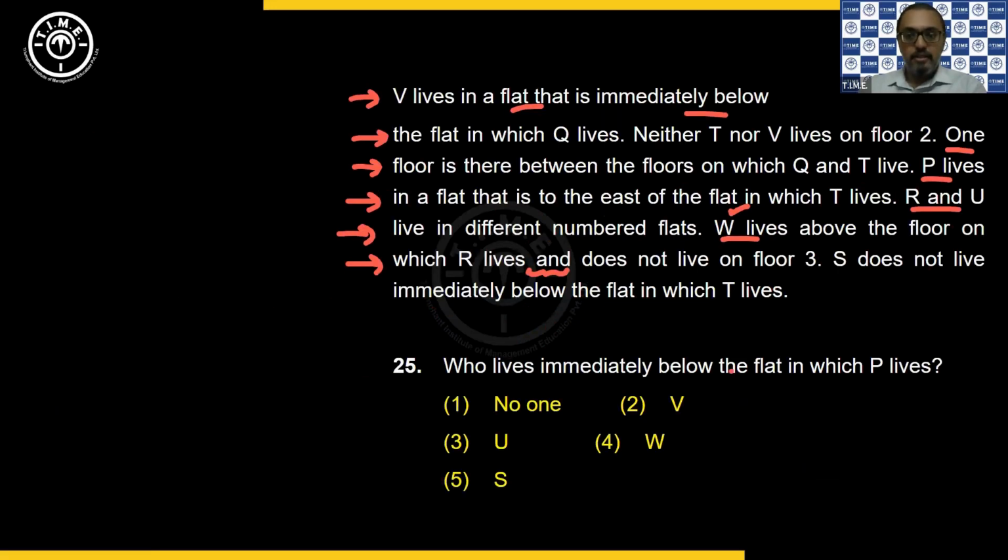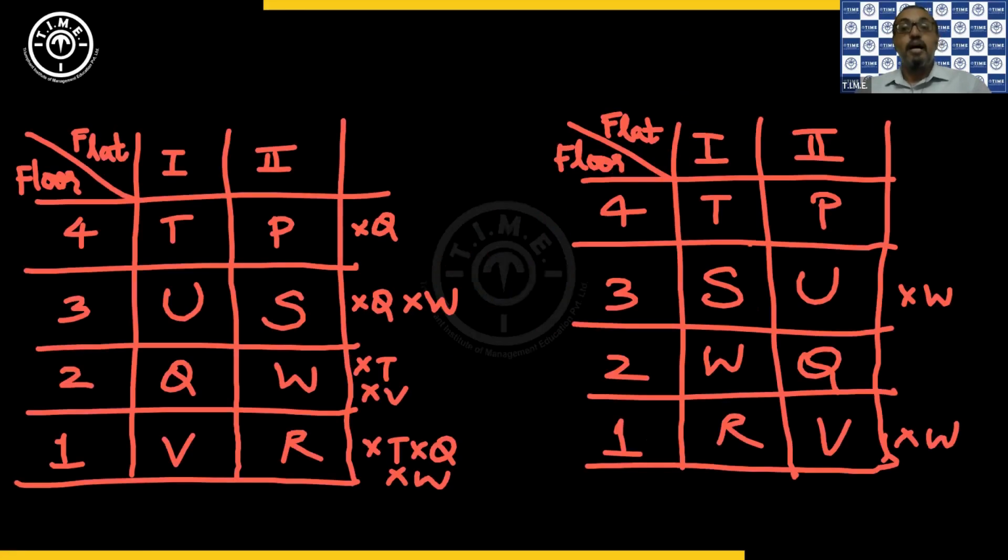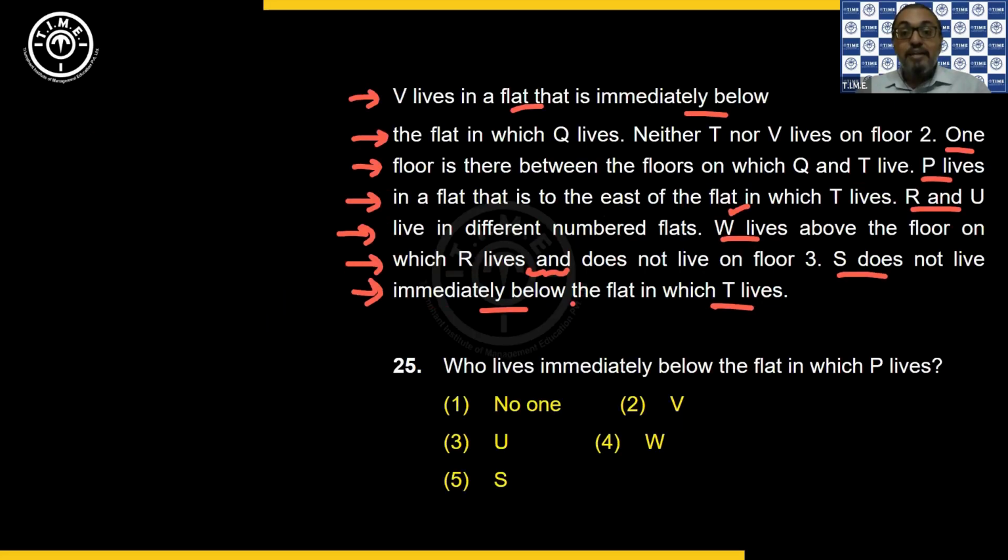So there is still one more condition. It says S does not live immediately below the flat in which T lives. He says does not live. Now see, unfortunately, in the second right-hand side possibility, S is immediately below T. So I cannot have it. S does not live immediately below the flat. See, he says S does not live immediately below the flat.